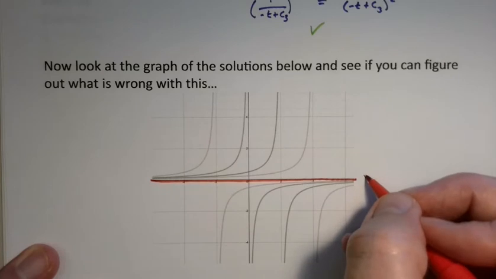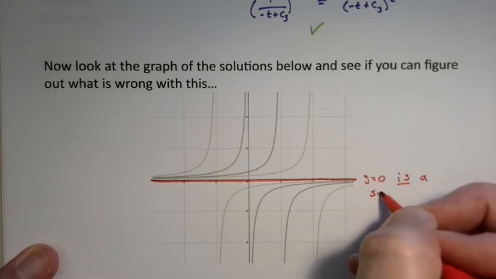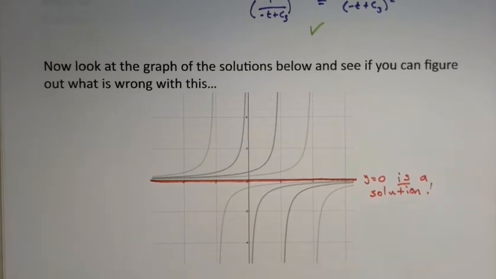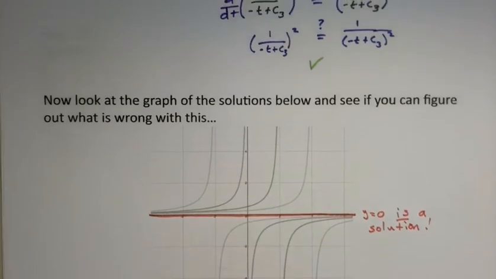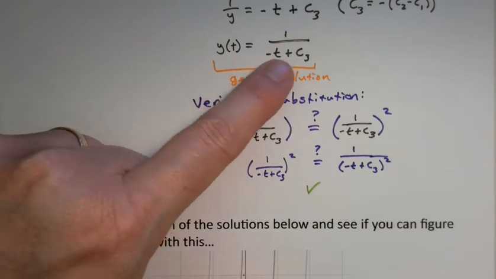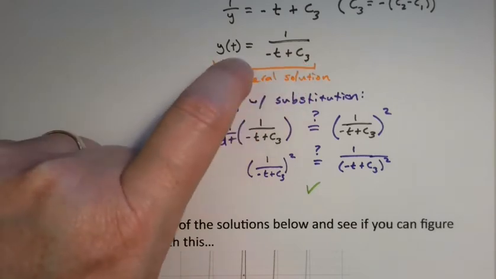That means that y equals 0 is a solution. But how can that be? How can you get y equals 0 from this equation right here? What would you have to do to t, or what would you have to do to c, the constant, to wind up with y of t equals 0?